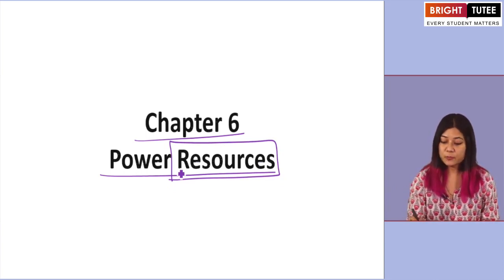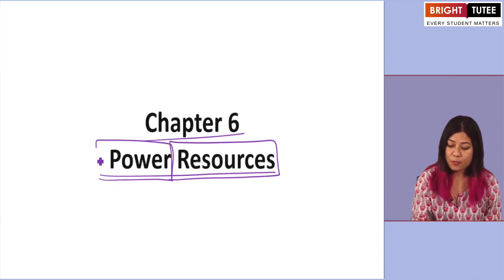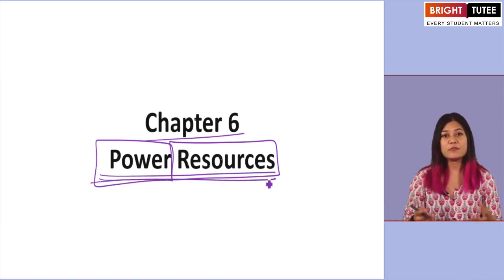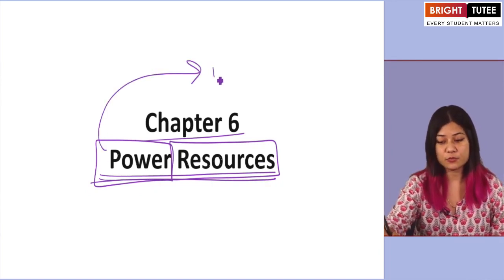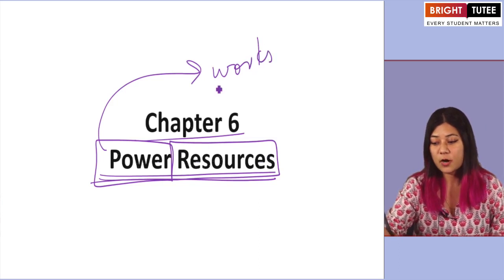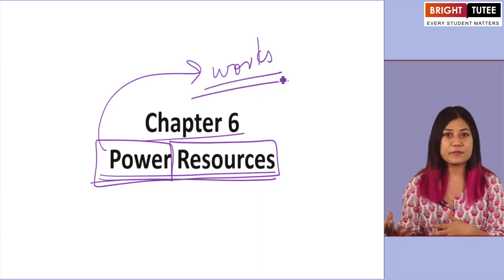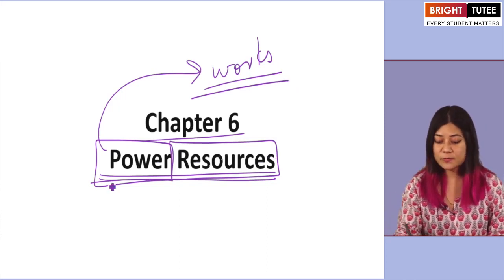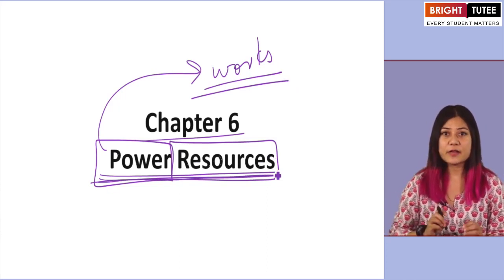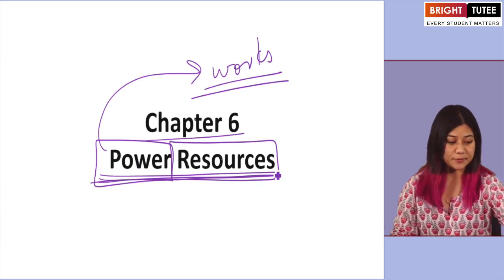In this chapter, we'll focus only on the power resources, resources from where we draw power for the works that we do. What kind of works, what kind of significance, that we'll look into as we go on looking at various aspects of this chapter.